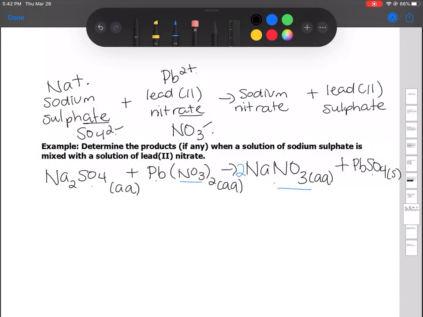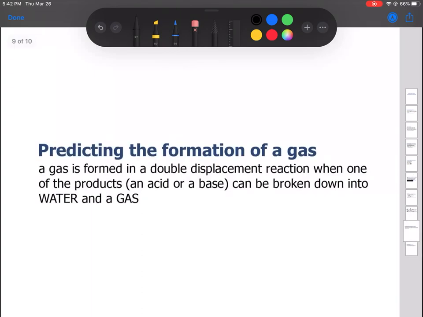Not too bad. Getting enough practice with the solubility chart is important here, and making sure that you know how to use it, because you don't need to memorize that. You'll always get that. Things can get a little bit trickier if you're predicting the formation of a gas.